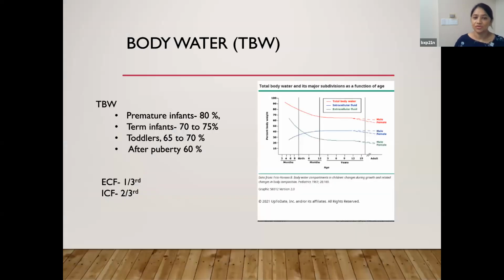When we talk about salt disorder, we always have to take into account water because they go parallelly. Total body water, body is full of water. So when we talk about preterm infants, probably 80 to 90% of their body weight is water. Term infant, 70 to 75. When you reach puberty, 60%.